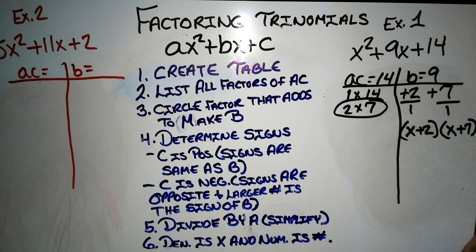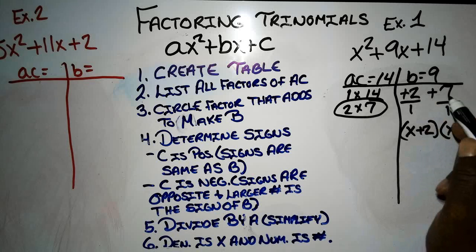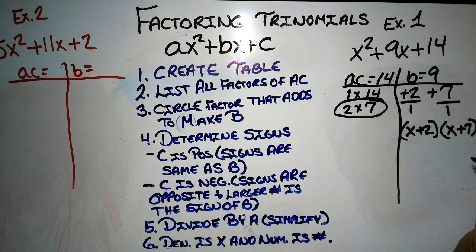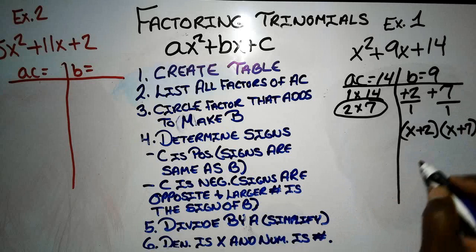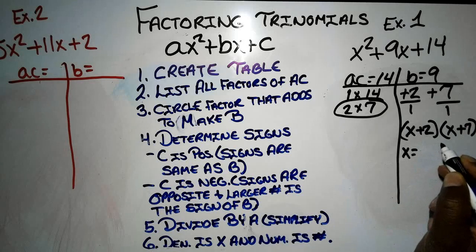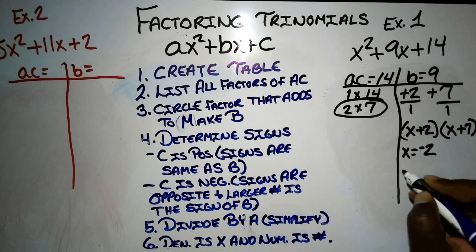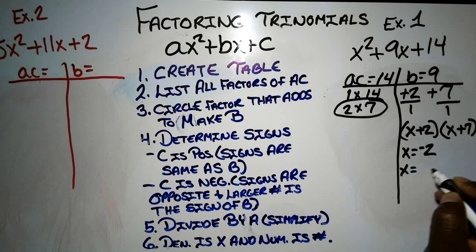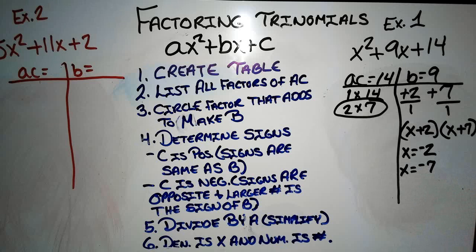And so now I have the factored version of my answer. And I can take that same information, just change the signs of these fractions, and that will be my two solutions. I'm going to have x is equal to -2, and x is equal to -7. So I have the factored version, and then I have my two solutions.